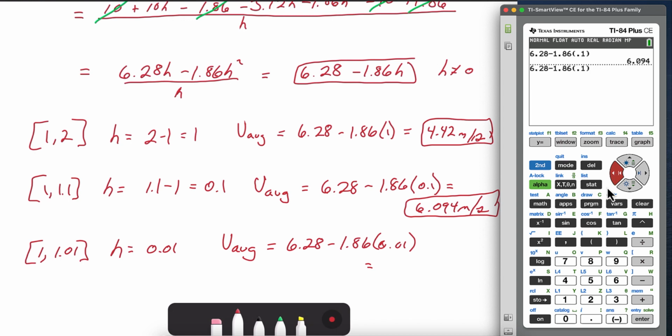Plug that into the calculator. And this time we get 6.2614 meters per second.